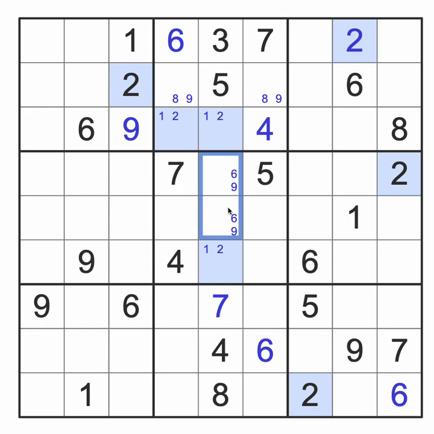These 2 cells can only be 6 or 9, and now this 1 means these 4 cells cannot be 1, leaving these 2 cells for 1 in box 5.